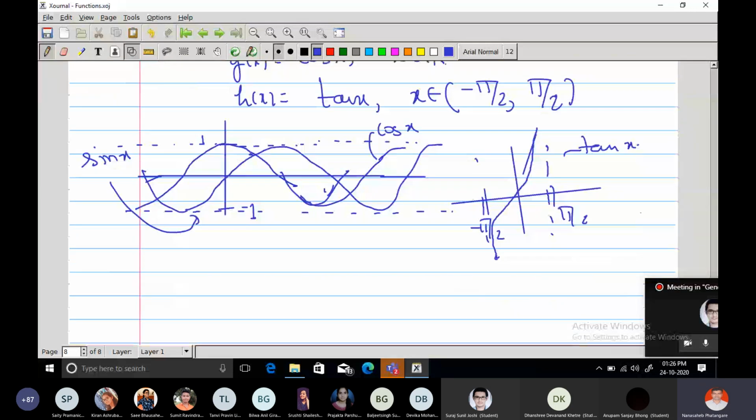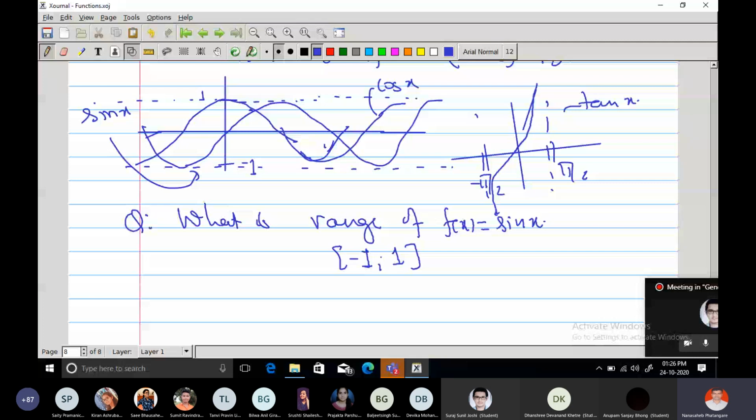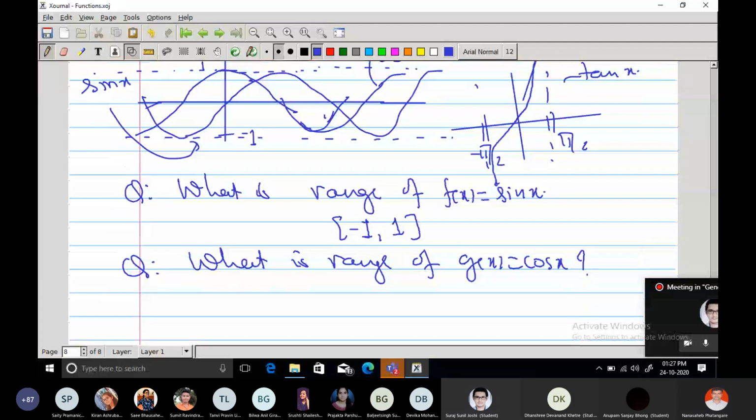The question I would like to ask is, what is the range of sin x? The closed interval from minus 1 to 1, right? Very good. Every element in minus 1 to 1 has a pre-image by our previous definitions. What is the range of g(x) = cos x? Same as sin x.